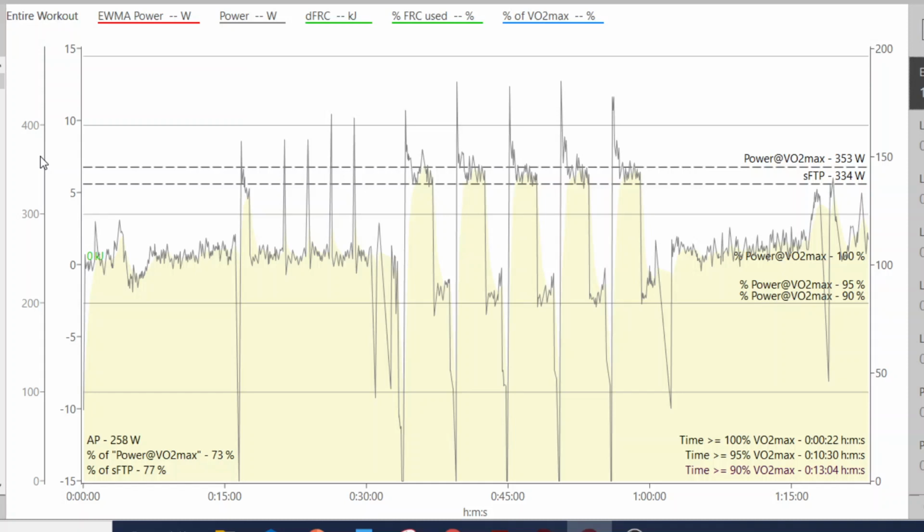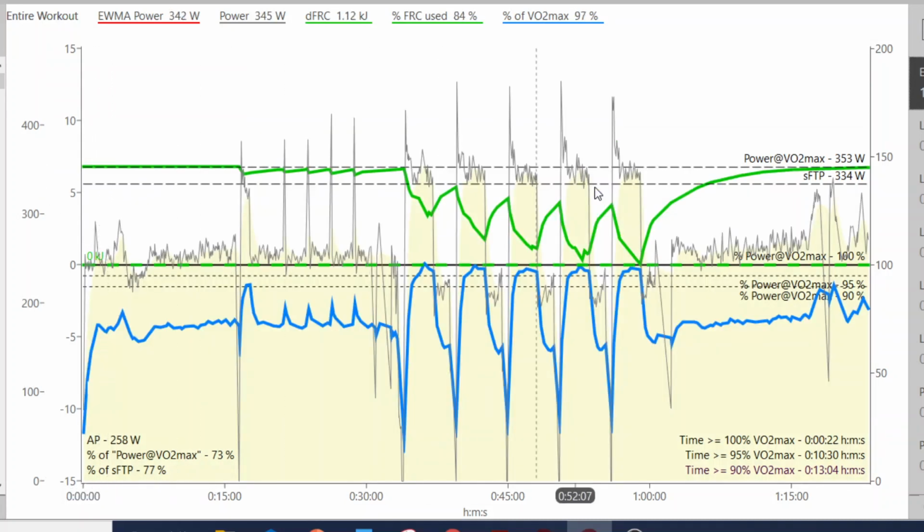So if we look at just the power, we can see that in those 5 intervals in the middle, not the 4 accelerations right before that, but the 5 intervals in the middle, the black power recording is above that set FTP of 334 watts, that horizontal line, which is right here.